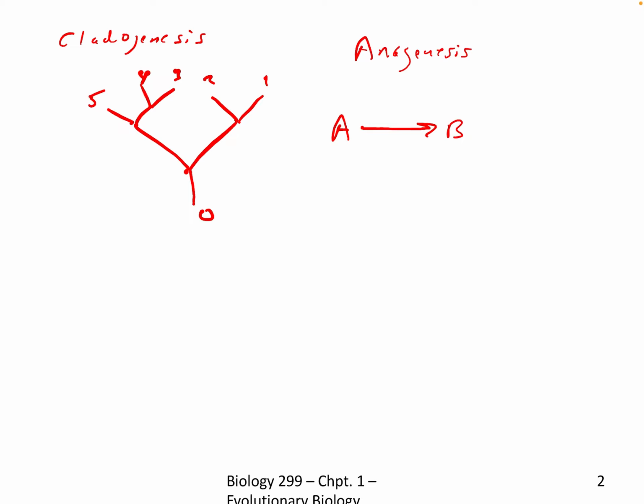So this is change accumulating, over long periods of time, that's sort of transforming species A into species B. And you can see this sort of thing happening in the fossil record. Of the two, I think that cladogenesis is the more common pattern that we see. So anagenesis then is just directional change within a lineage.